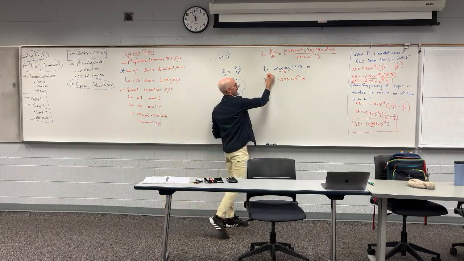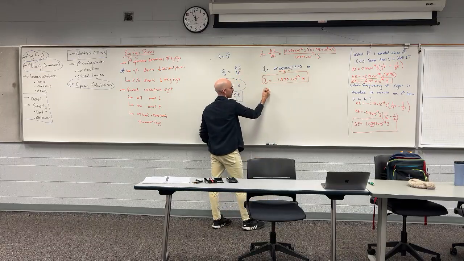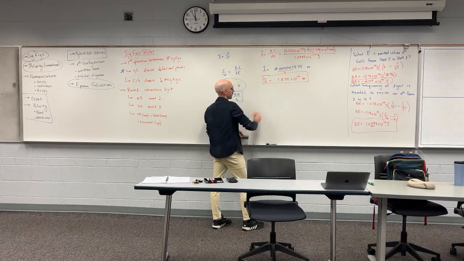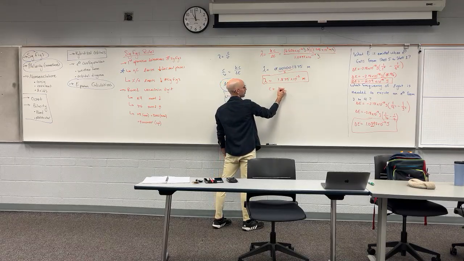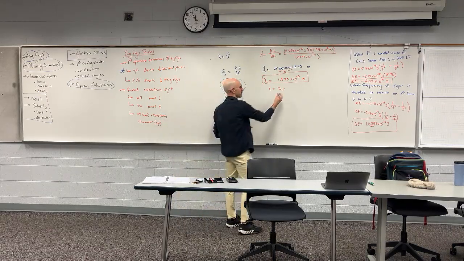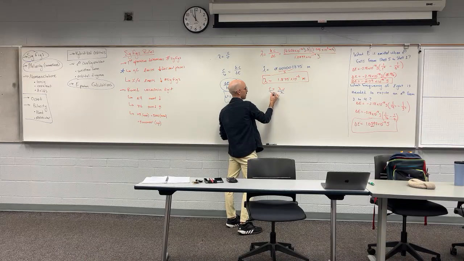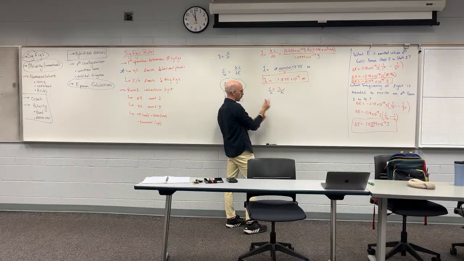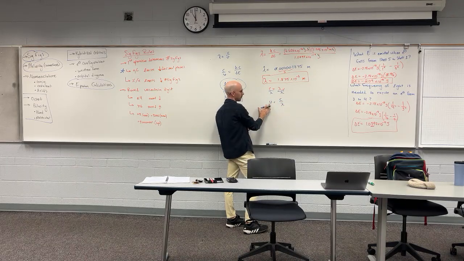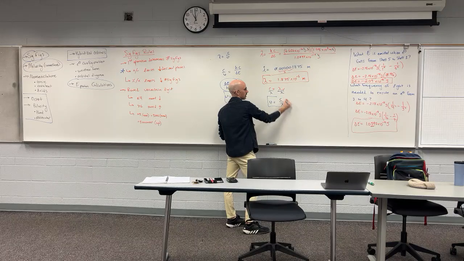Okay, that was my second equation. Now I've got the equation. I'll just spell it out. C is equal to lambda nu. I want to get nu by itself, so I'm going to divide by lambda on both sides. I'm also going to reorient this, so I've got nu equals C over lambda.